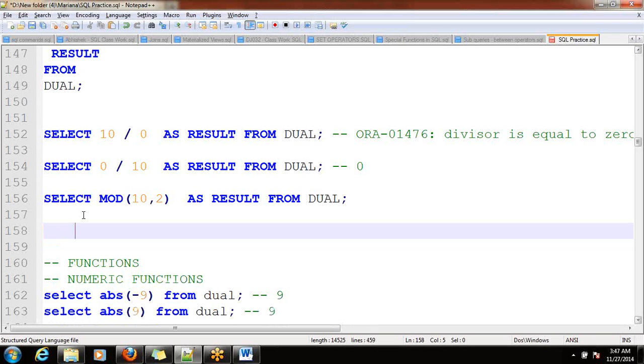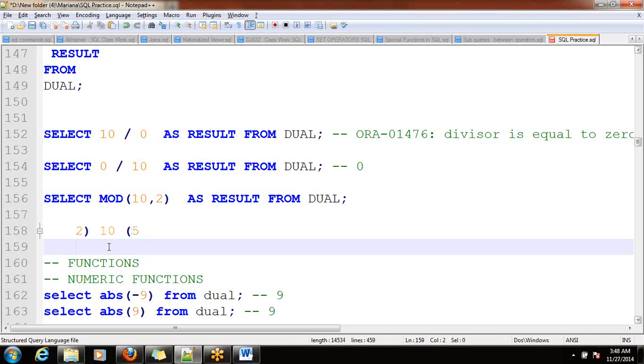In your basic mathematics during school days, you might have learned these things. Look here, this is 2 and here it is 10, and it goes 5 times. 2, 5 times, and you put a 10 here. 2 fives are 10.